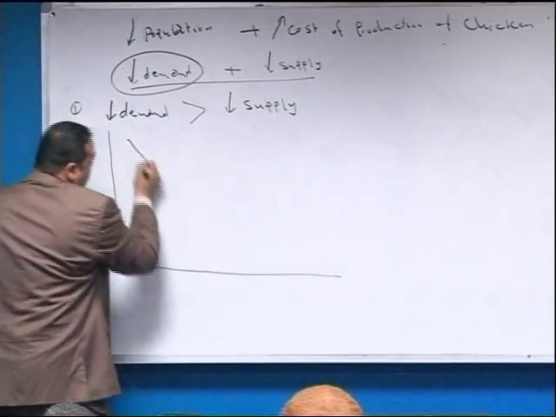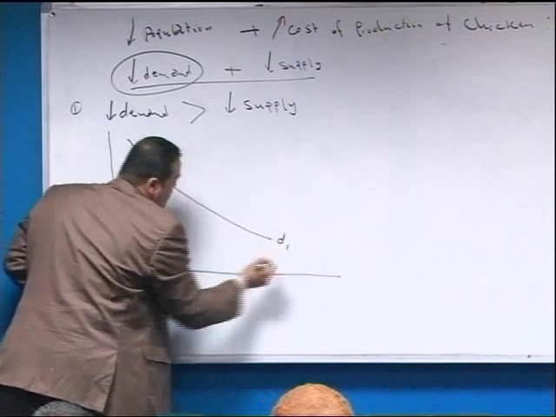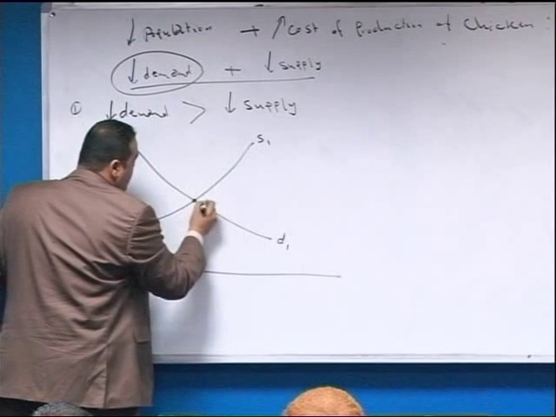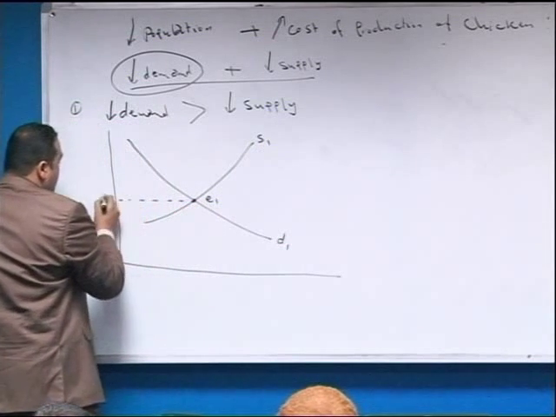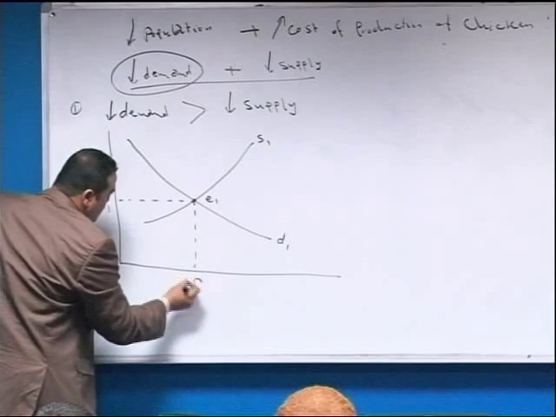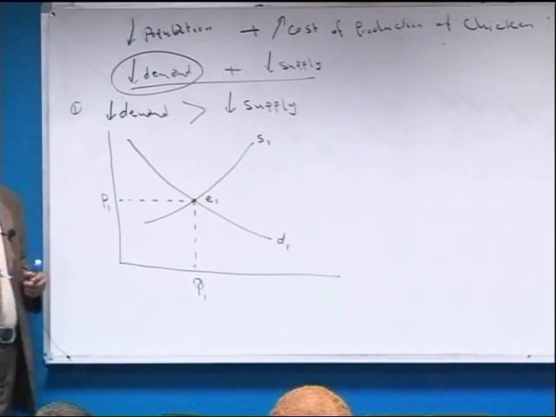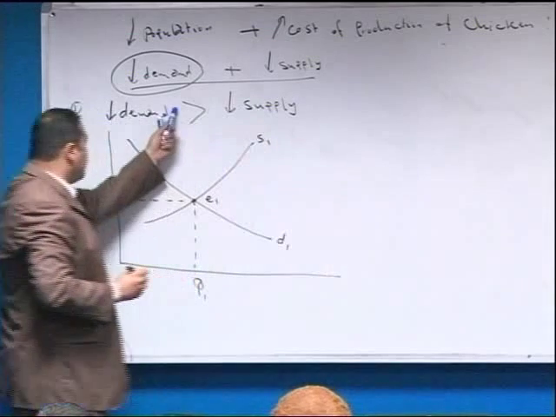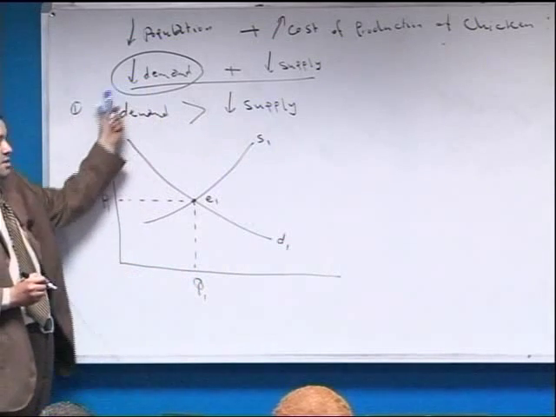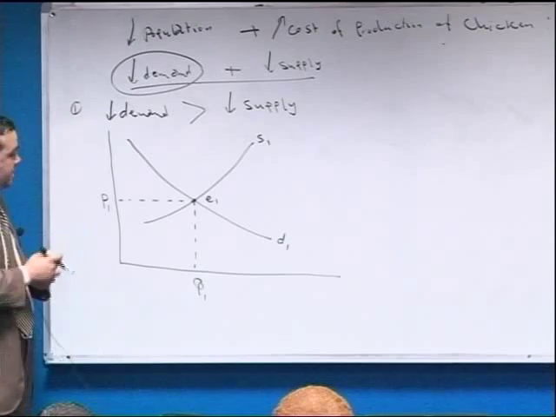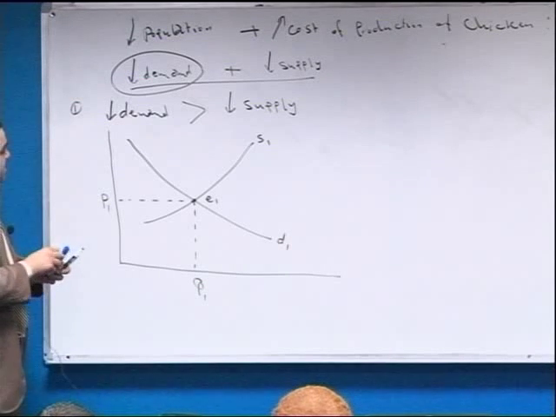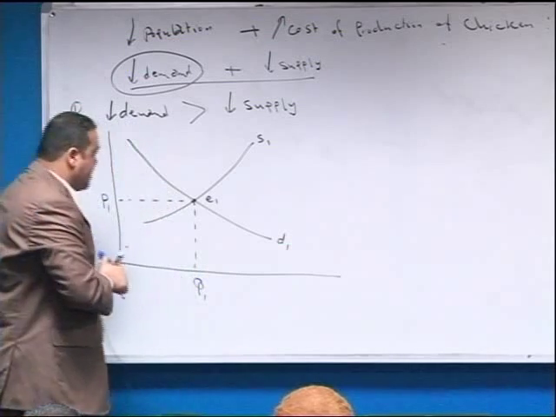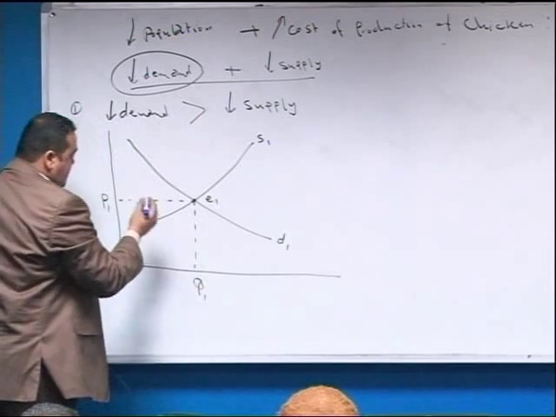So, in the first case, this is demand 1, supply 1, E1, P1, Q1. The assumption is there is a declining or decreasing in demand. So there is a leftward shifting of demand curve with a larger amount than the decreasing in supply.